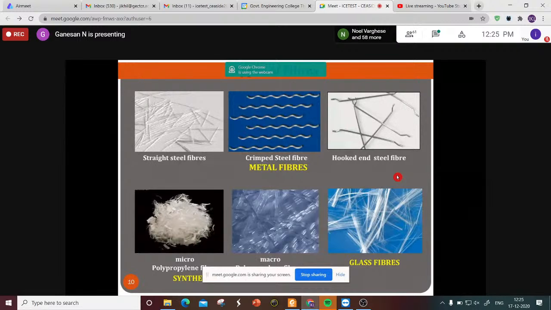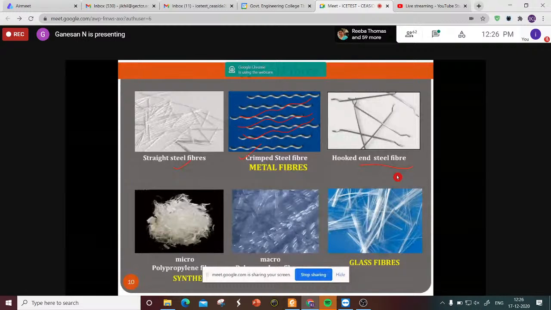Well, there are several types of fibers. For example, straight steel fibers, crimped fibers, where some sort of undulations are given. When you give this undulation, that will improve the bond between the fiber and the matrix. Or the hooked end fibers, where at the end there will be a hook type of structure like this.